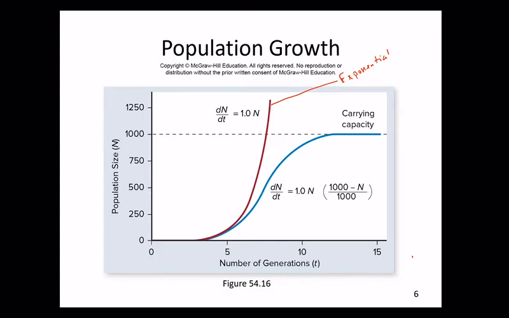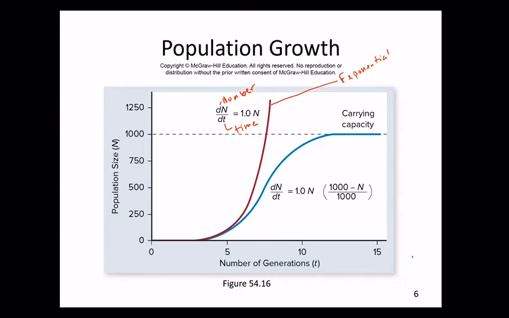And so we can define this as dN, the change in number of individuals, over dt, the change in time. In this case, it's simply going to be our population factor, in this case shown as 1, times N, which is the population size.